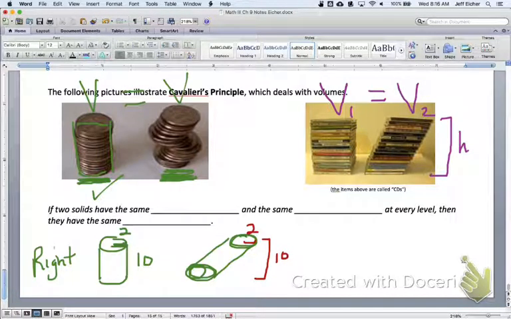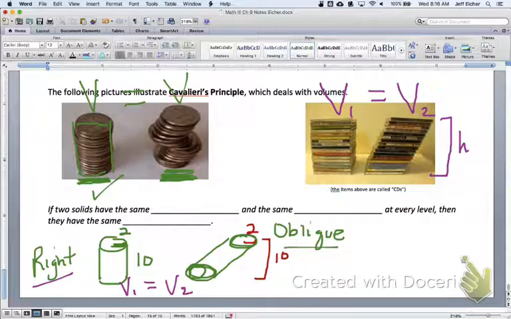As long as that's the case, Cavalieri's principle tells us that this volume, number 1, is going to be the same as this volume, number 2. So it doesn't matter if it's a right cylinder or if it's what's called an oblique. You might have heard those in terms of muscles, your obliques, or an oblique cylinder.